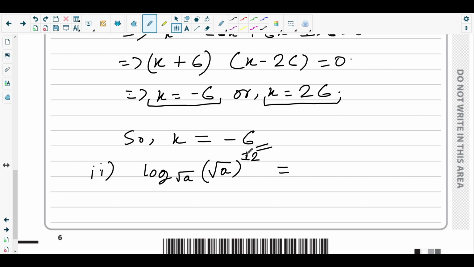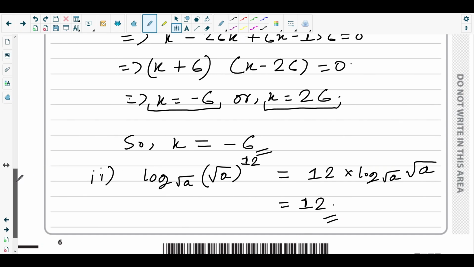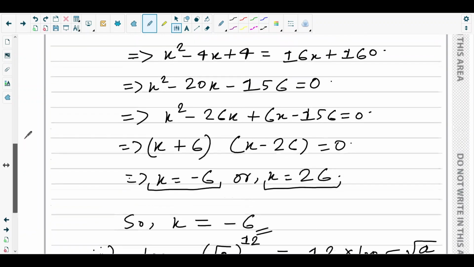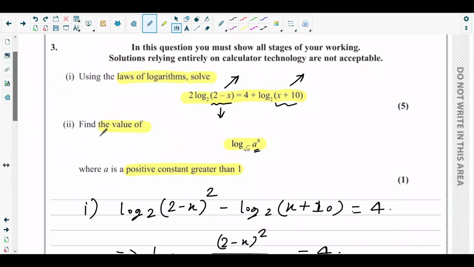The power goes to the coefficient, and log base square root of a of square root of a is basically 1. So the value of the given logarithmic expression is 12. That's the end of question number 3.